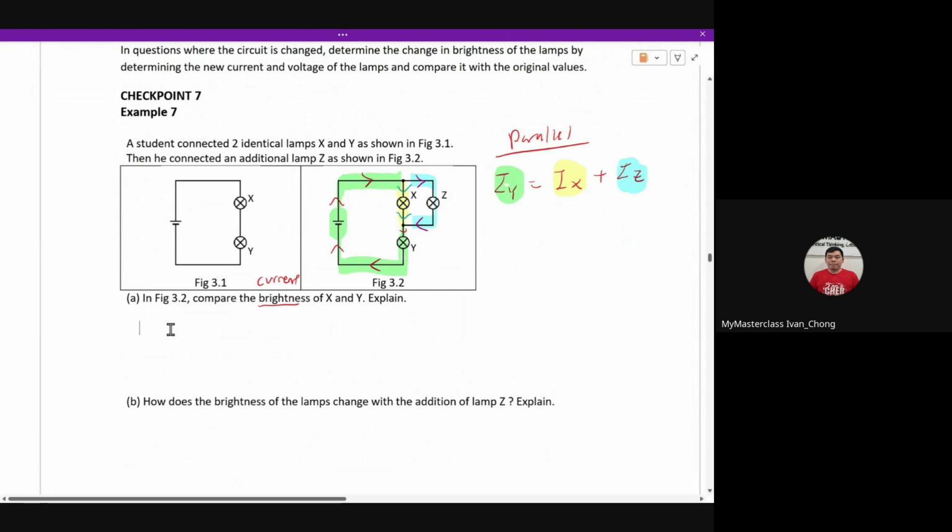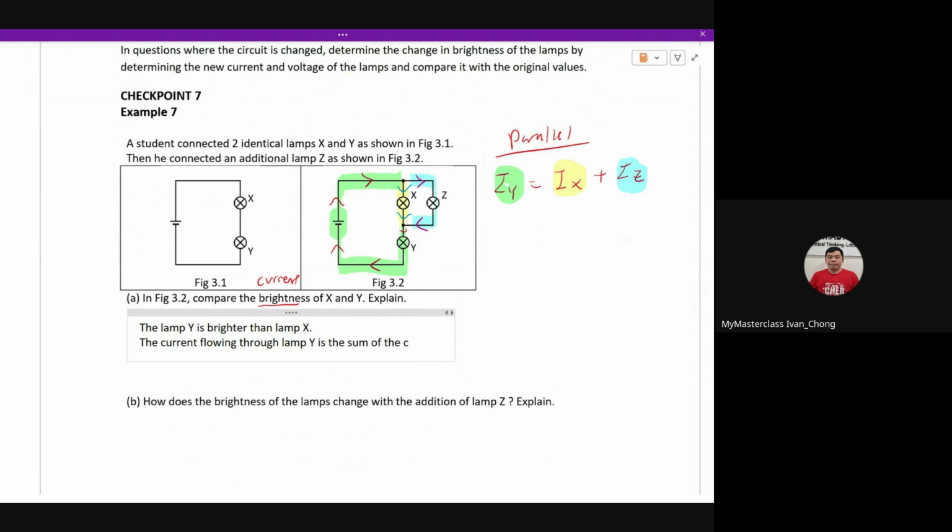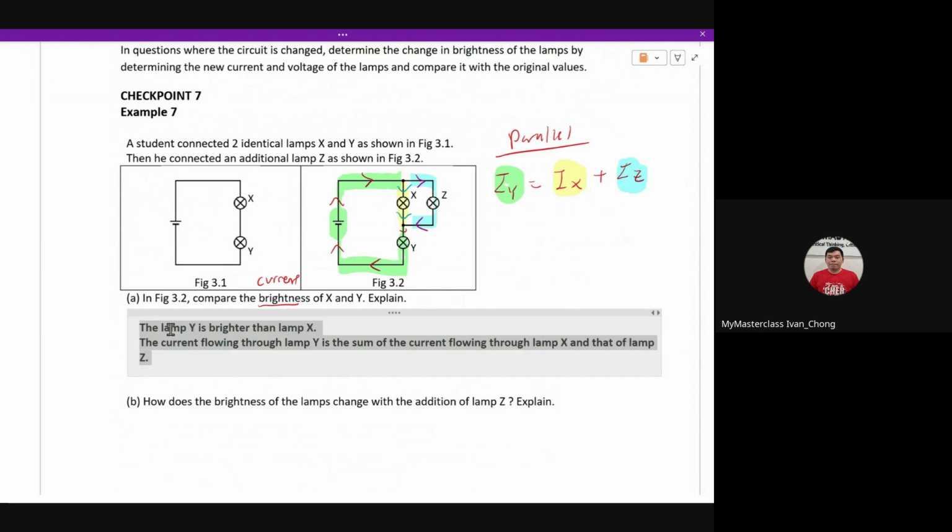First thing you want to say straight away is that lamp Y is brighter than lamp X. Then explain why. Basically, you can say that the current flowing through lamp Y is the sum of the current flowing through lamp X and that of lamp Z, sorry.